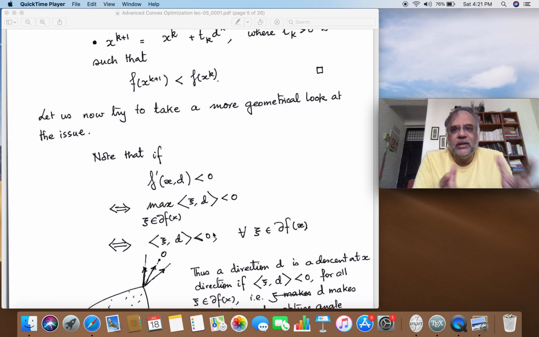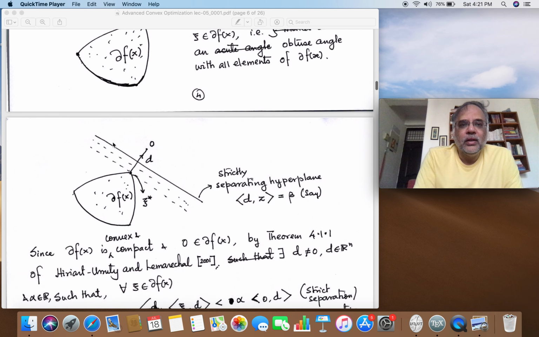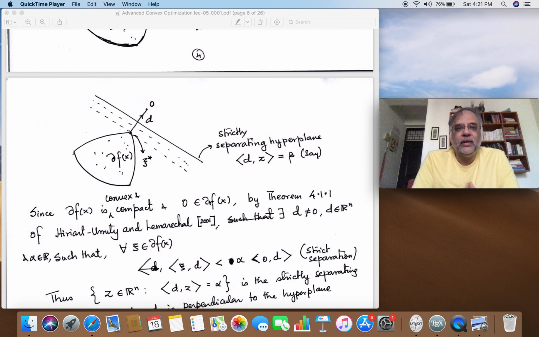So the key idea here comes from the separation theorem. Instead of getting into too much detail, what is written in the notes, I can send you the notes if viewers would like to have it. Just look into this particular description. So what does it say? Here I have 0, say del of fx. If x is not the solution, the minimizer of f over Rn, then 0 is not an element of del fx, because that is the if and only if condition.